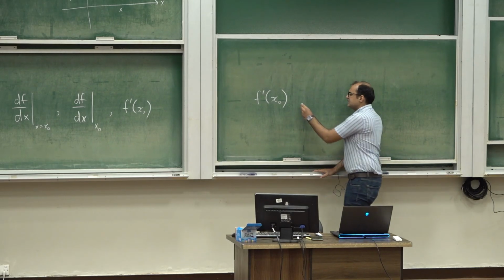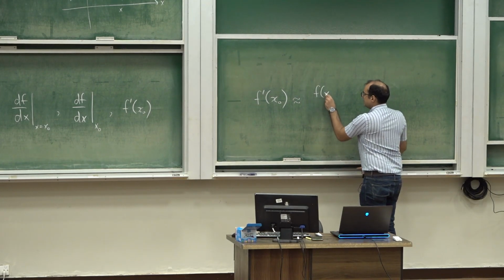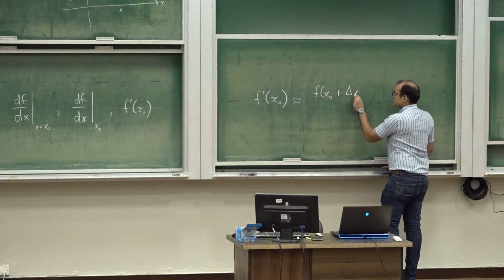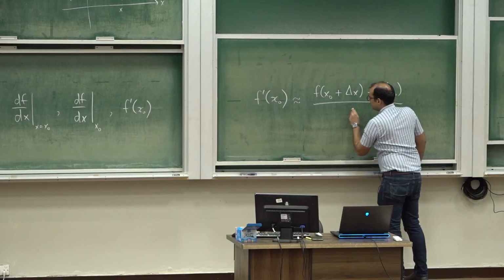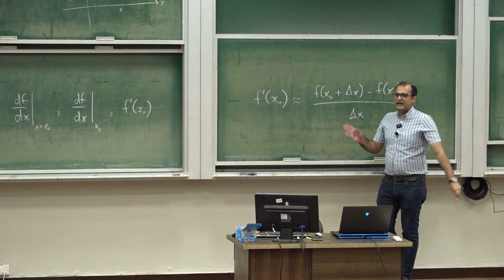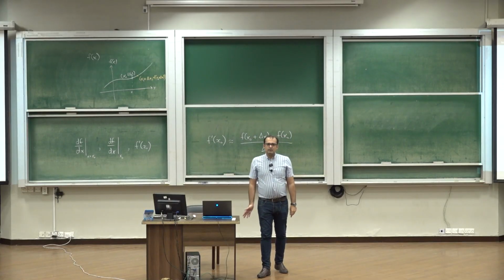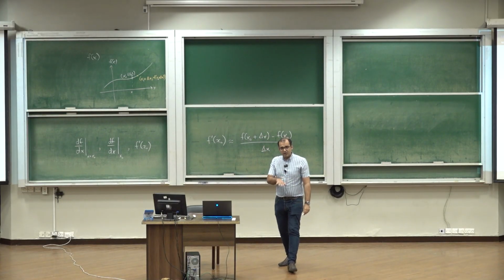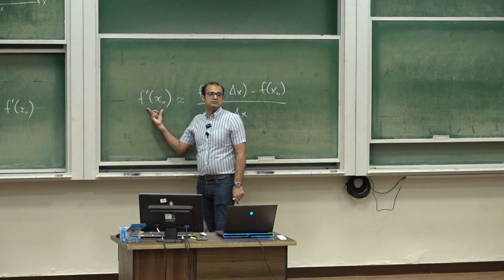And you've already seen that this is approximately equal to, and I'll explain why approximately, this thing. That's exactly how I approximately calculated the value of the derivative just now. I'm saying approximately because this number is only true when delta x is very, very small.